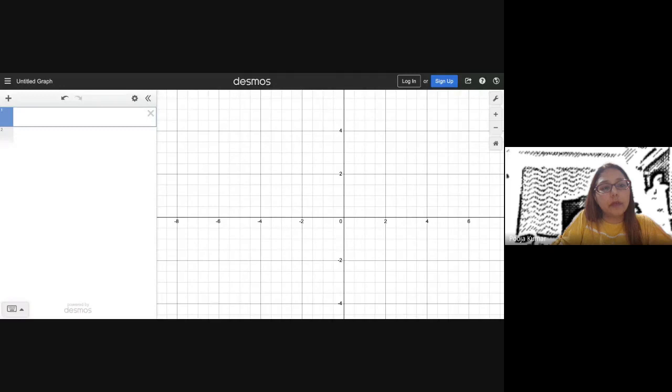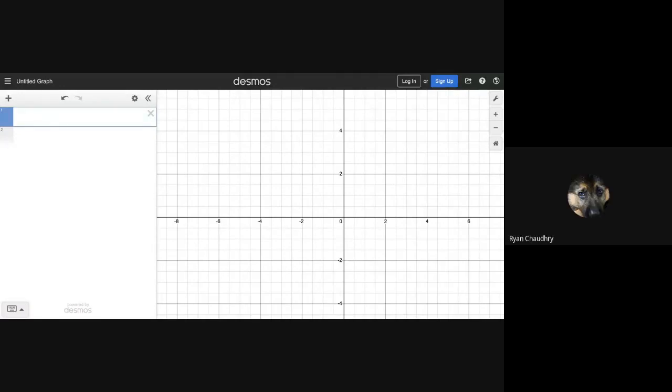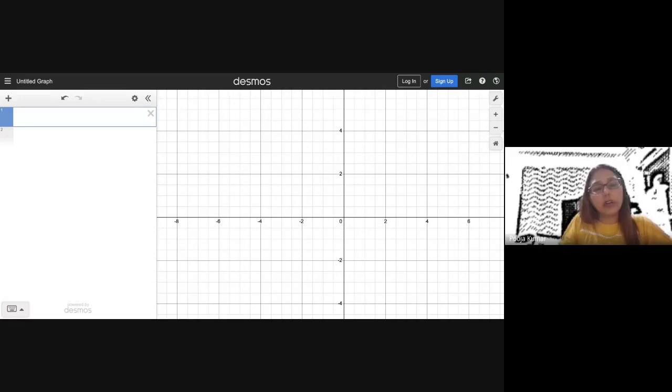Note this down. I've already written this. Now there are conditions. What are the conditions? The value of a has to be greater than 0 and the value of a cannot be 1. Two conditions. Okay?